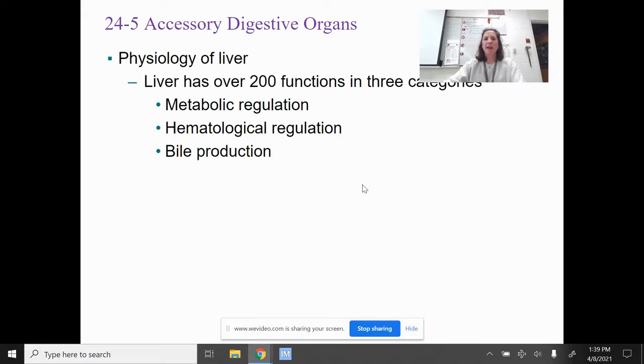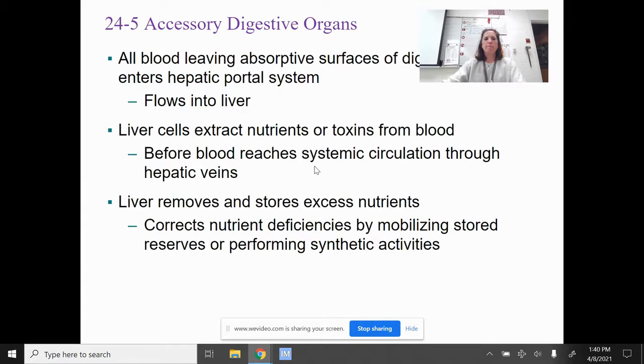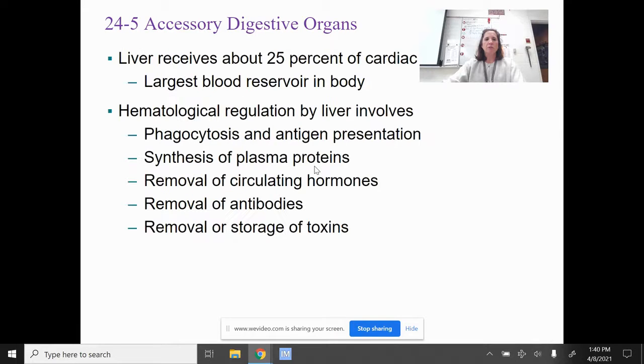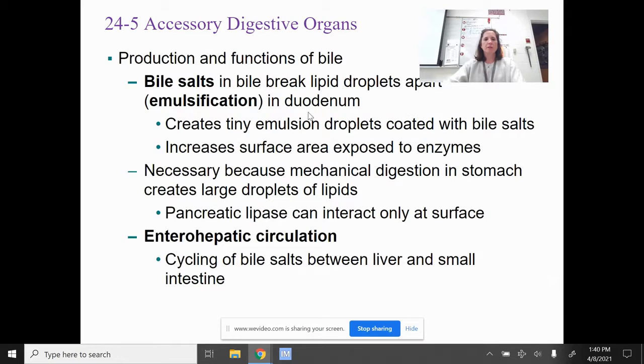Your liver has a ton of functions. All right, we're really only going to discuss the digestive function right now, and that is to secrete bile, and the bile is going to emulsify fats. So here we go.